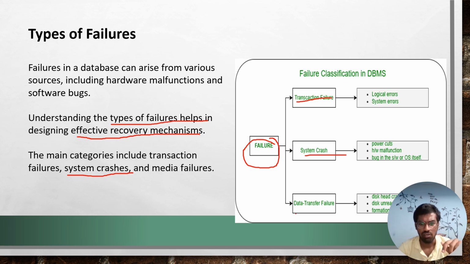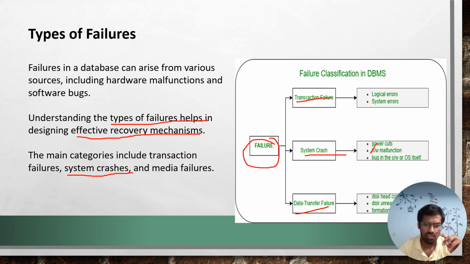In the case of transaction failure, there are logical errors and system errors. In the case of a system crash, it is due to malfunctions and bugs in software and the OS. Any problems that arise in the system software, such as a Linux problem or a Windows problem, that is the OS, meaning operating system.